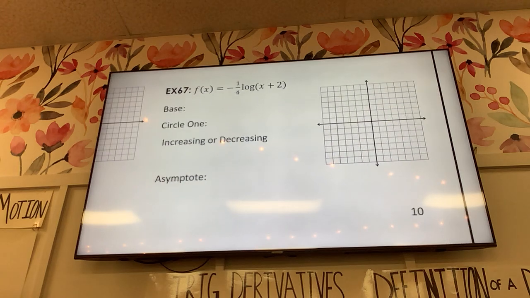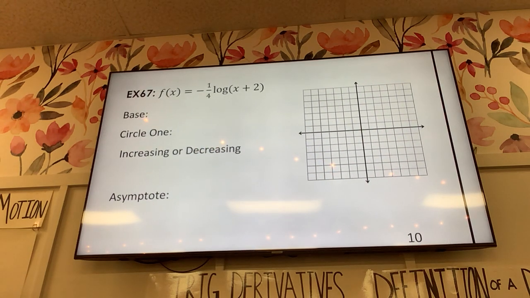All right, drop down to 67. Where's your asymptote at? -2. Where's your initial condition at? 1, and then we're shifting it left 2. All right, what's your base? 10.